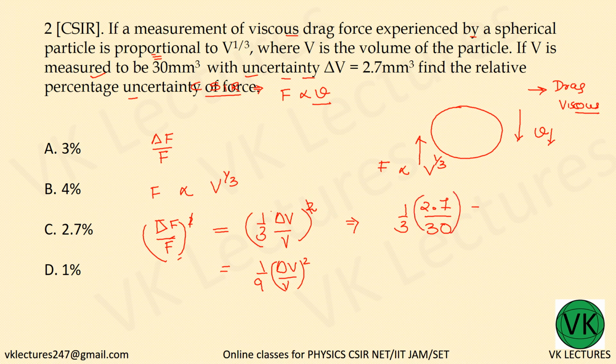So that is 0.9 by 30, which is 0.3 by 10, which means 3%. Option is option A.